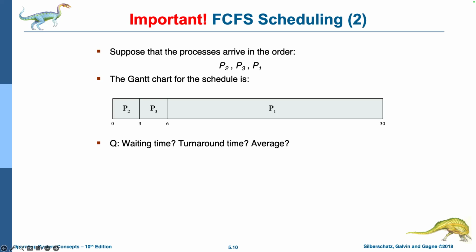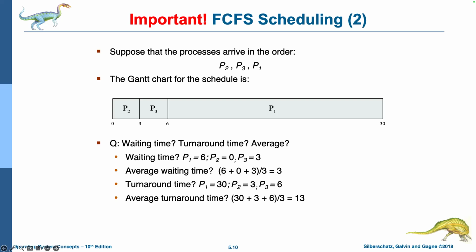What's the turnaround time? Yes, 3, 6, 30. Good. The turnaround time includes the waiting time plus the execution time. And the average means dividing by 3.